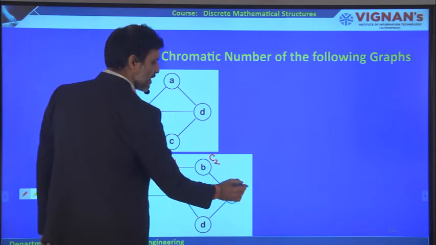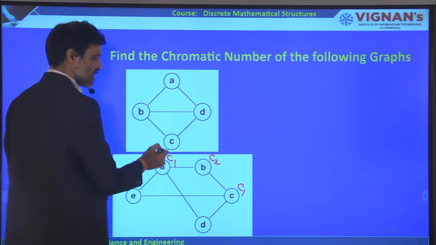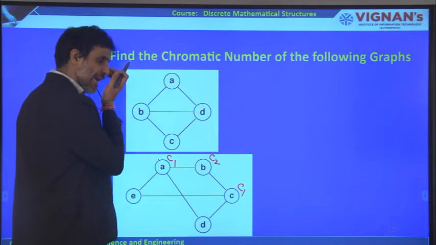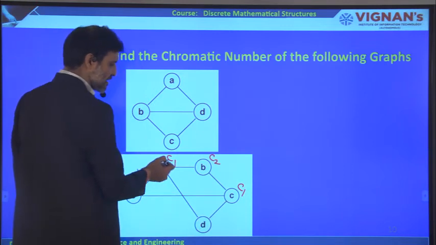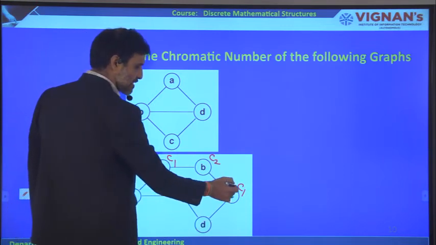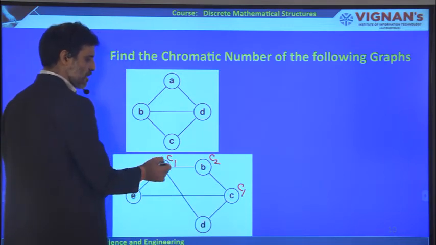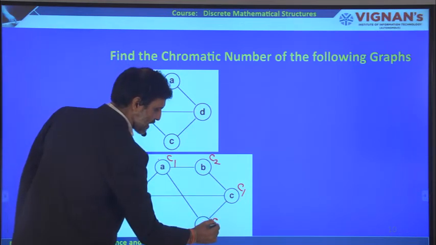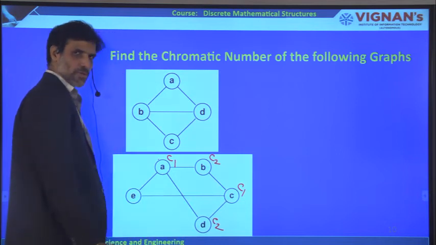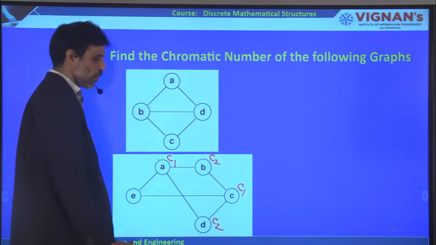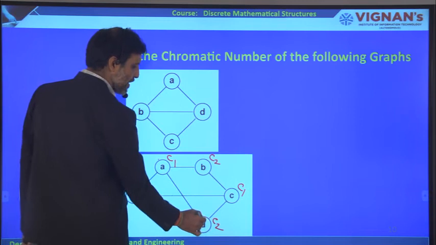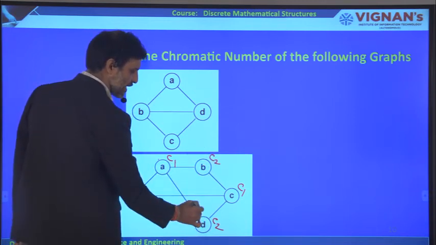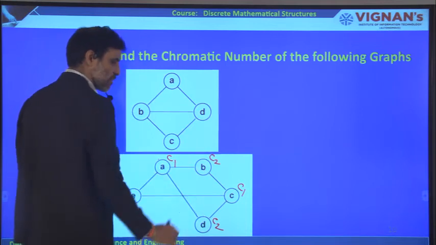It is possible to fill with only C1 since C is not adjacent to A. Similarly, you can come to the case of D. Since D is adjacent to C1 and D is adjacent to C, it is not possible to fill with C1, so you have to go with another color. Instead of taking C3, you can take C2. Why? Because D is not adjacent to C2. Both are not connected. Therefore, you can still fill D with C2.